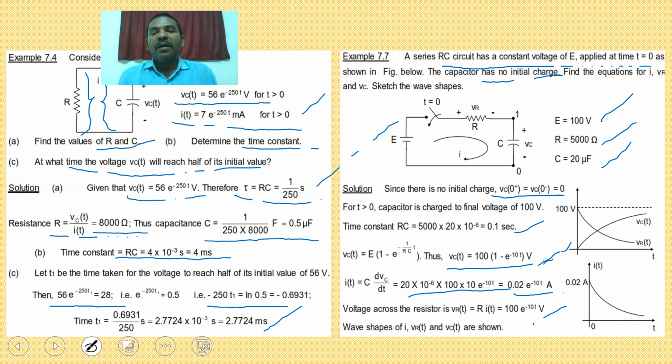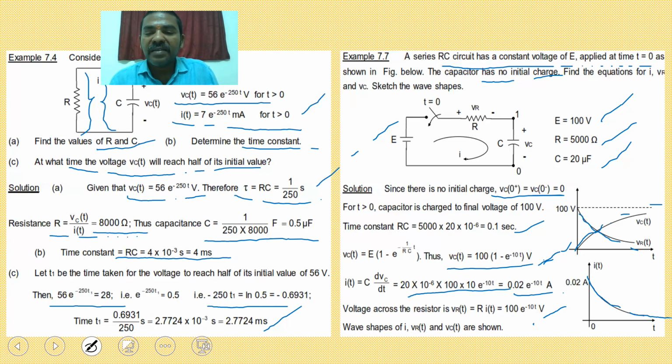So now vary the time: 0 seconds, 1 second, 2 seconds, 3 seconds, like that. So the waveforms will be like this. This is the voltage drop across the capacitor, and this is the voltage drop across the resistor. The current is also exponentially decreasing because we get the equation I of t as e power minus 10t.